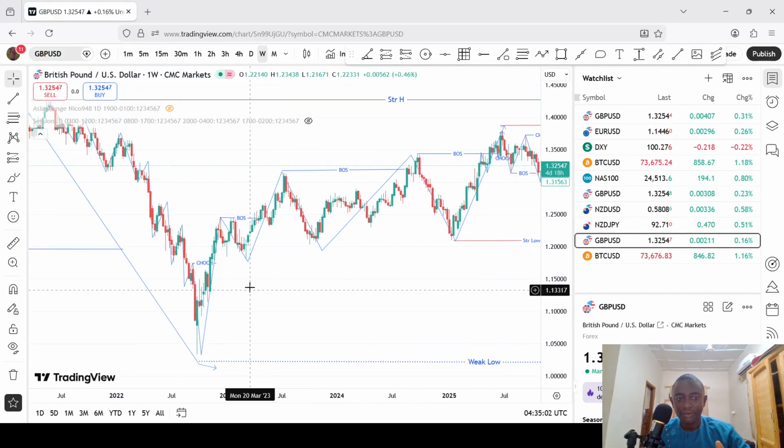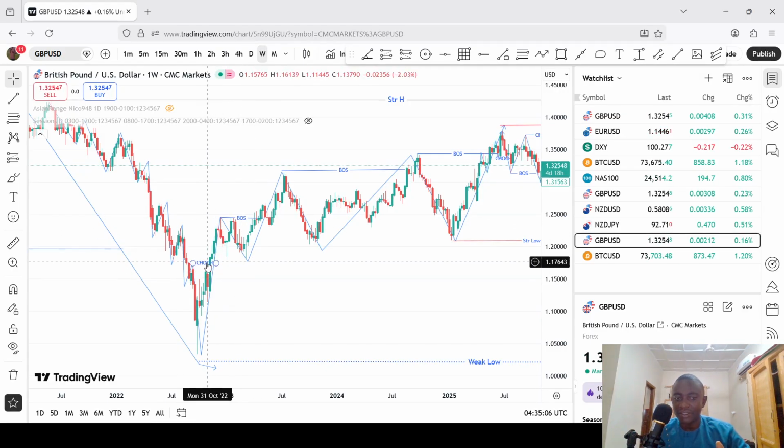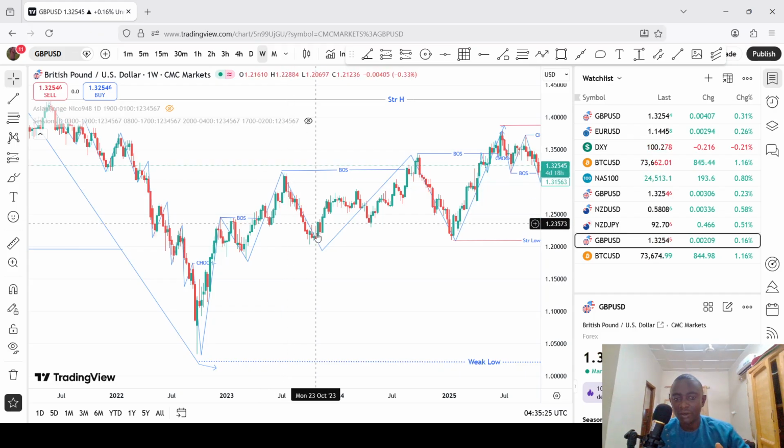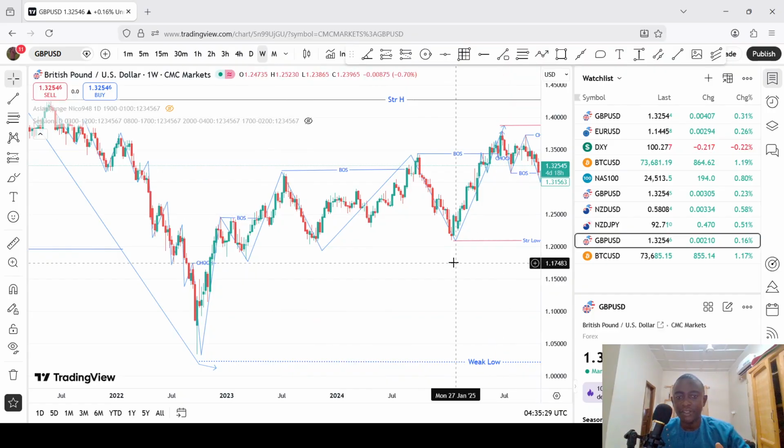And from there, we saw that whenever there is a change of character or a BOS, price will come back. There will be a pullback. Then we'll get the continuation of that particular trend. So now, instead of higher highs, higher lows, we are making lower lows, lower highs, lower lows, lower highs, meaning price was in an uptrend from this side.